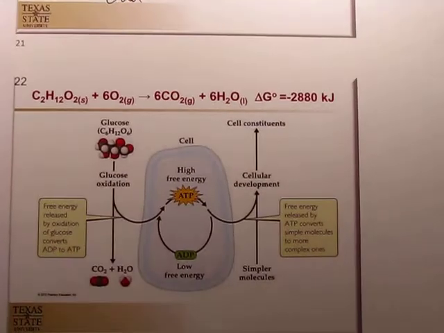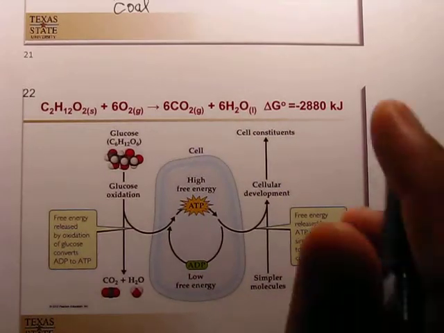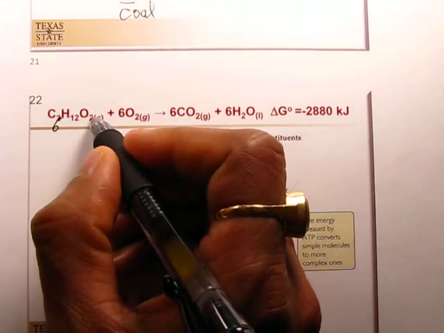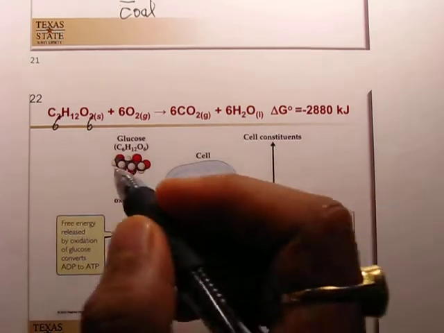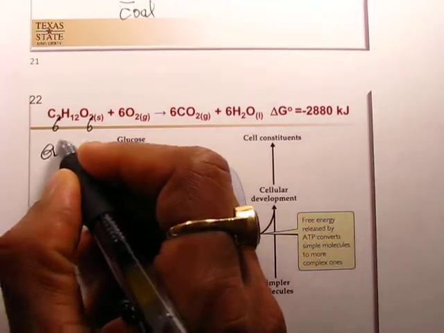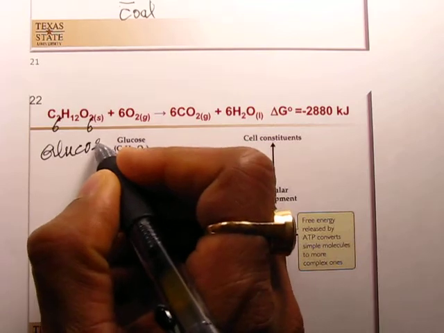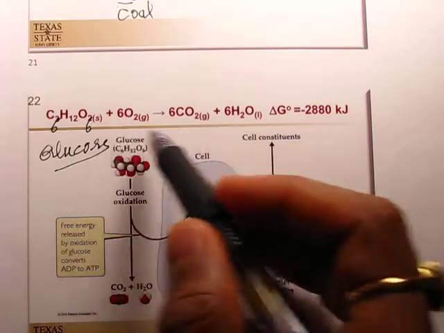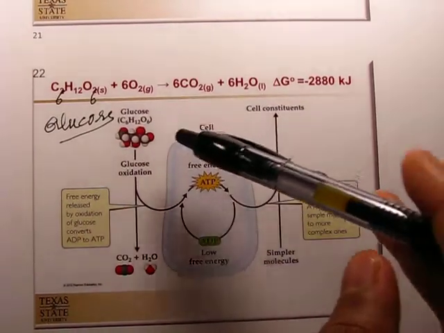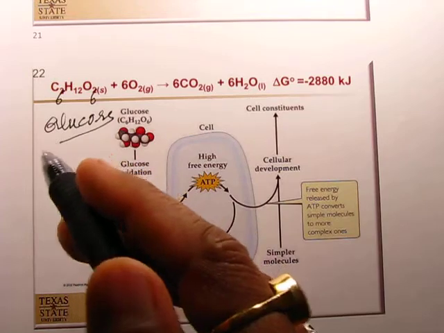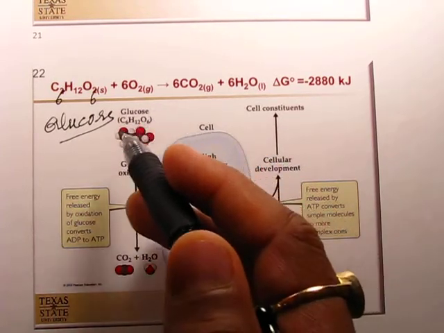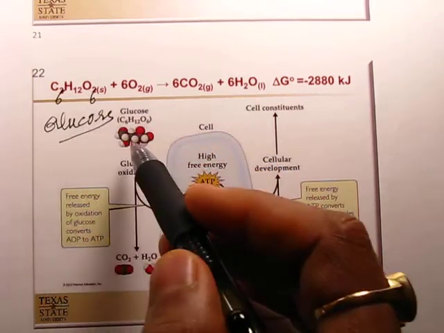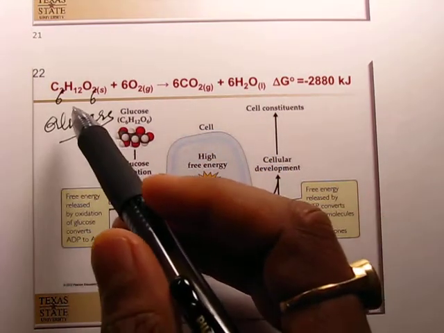Another example is this, C6H12O6, which is glucose. This is like the metabolism in our body cells. When we eat food, it metabolizes into simpler forms, and eventually it goes into the glucose form, and our cells utilize this glucose.